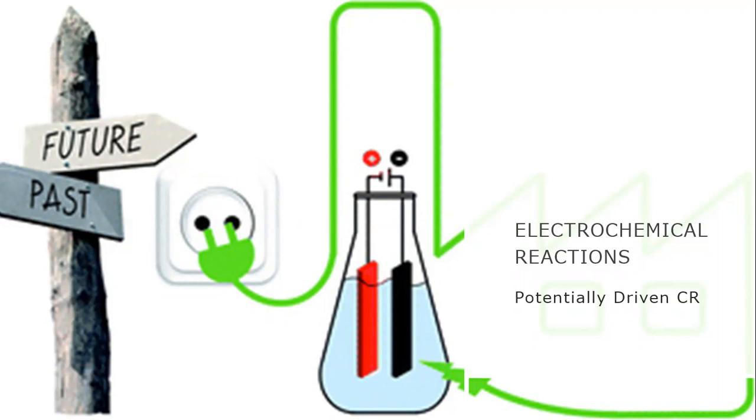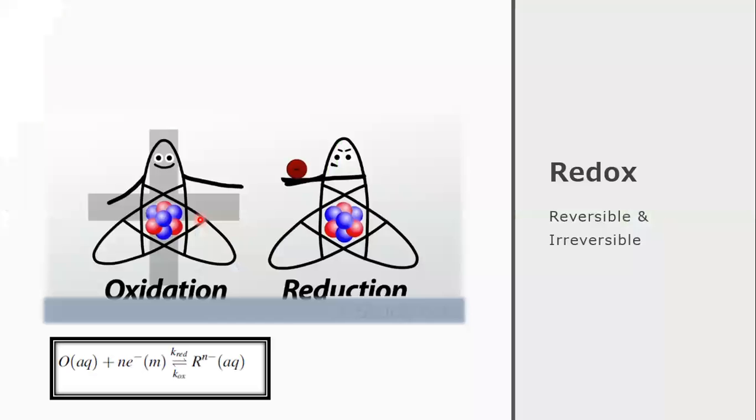The main point to consider is that you apply a potential in the range where it matches the formal potential of that chemical species, and then it undergoes the reaction, and this is how you start getting your IV response.